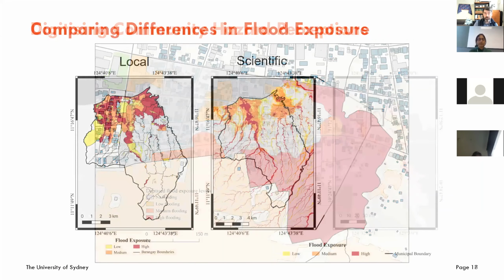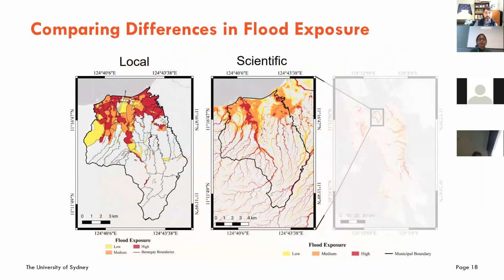And again, we did this for a bunch of different communities. This particular municipality had 49 of these smaller communities. The final output is on the left side, and this is what communities thought of their flooding. You can see the high areas, the low areas, and the medium areas, and those were defined based on flood depths. I'm just going to skip over that, but these are equivalent depths that we're looking at between these two maps.